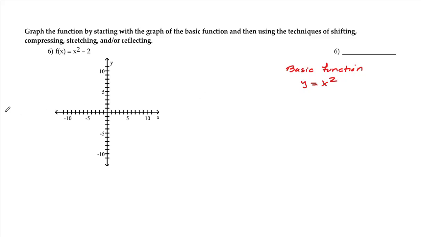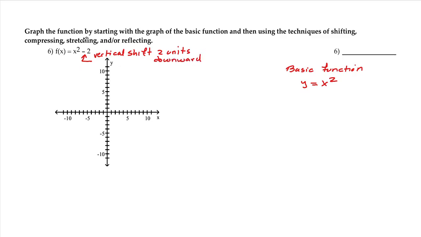Or f of x equals x squared. And then they say that the function is f of x equals x squared minus 2. So we have to say what transformation was done here. Of course, this 2 subtracted from x squared is a vertical shift 2 units downward.